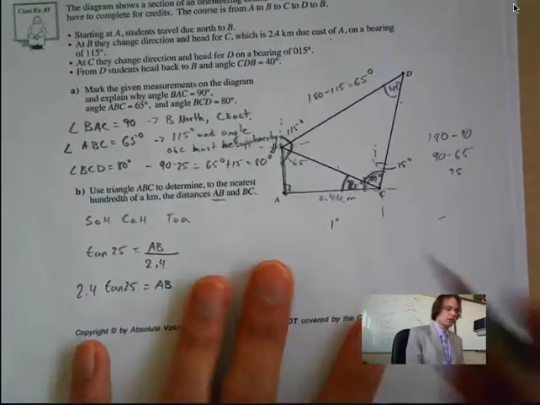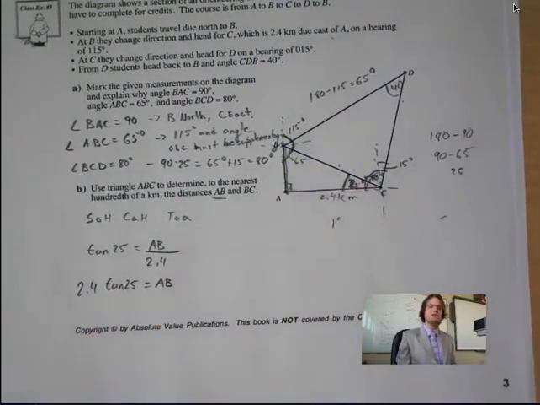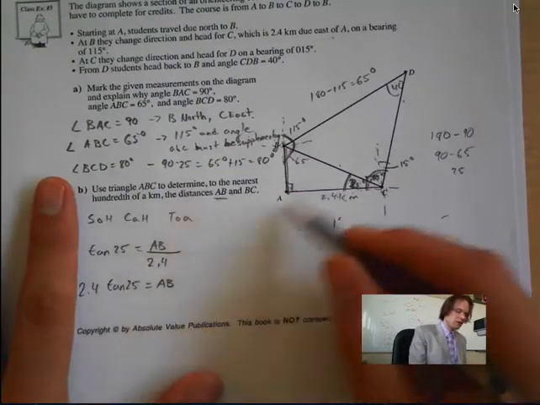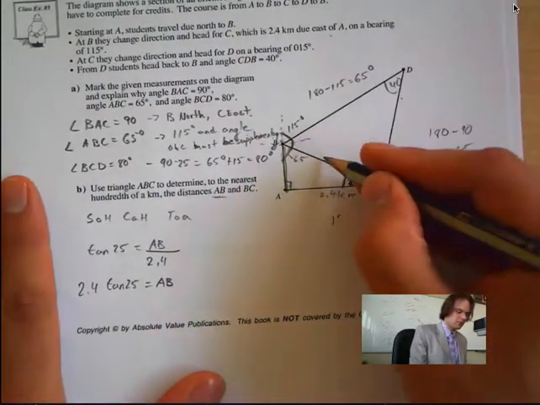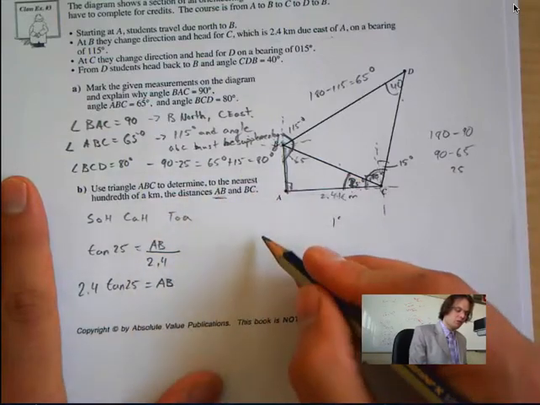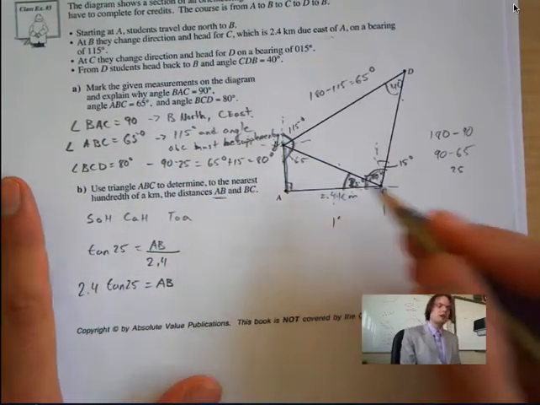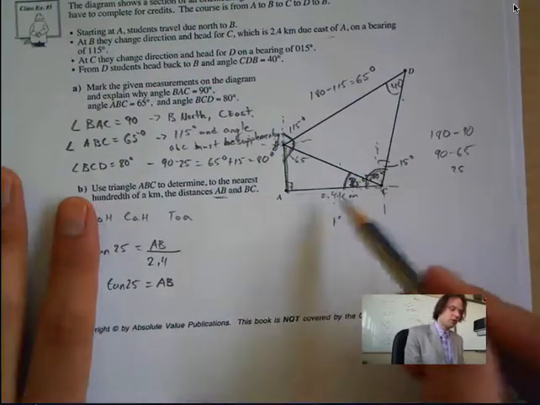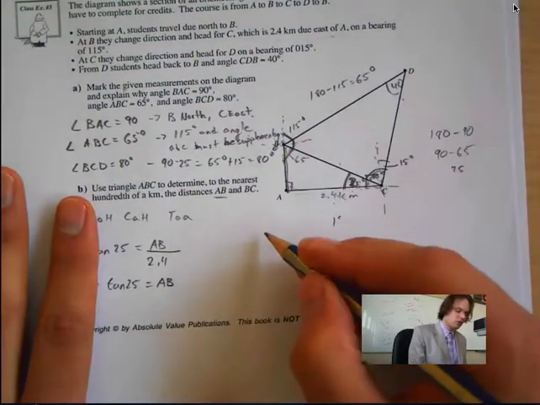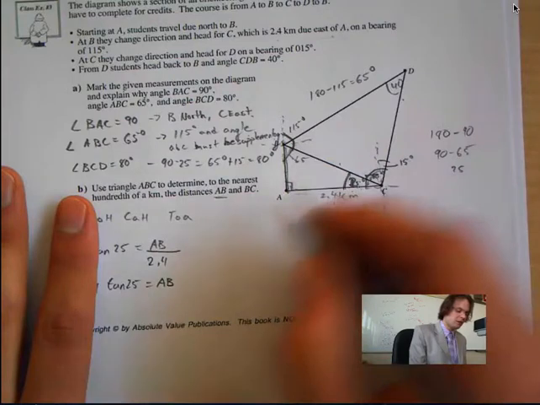Now we're going to look at BC. Well, BC here is the hypotenuse. So we could do the same thing, except if I use this angle again and this side, you may have gone a different way of solving this. I'm going to use, so if we know adjacent, that's cos.